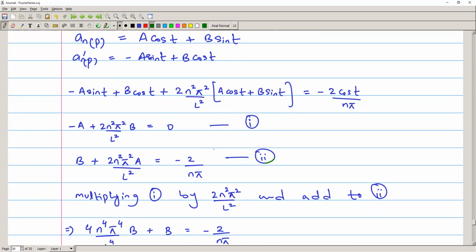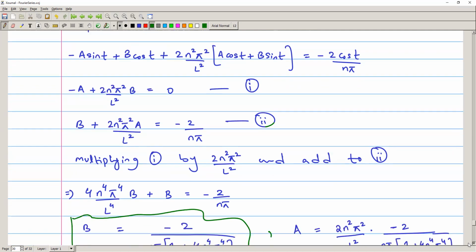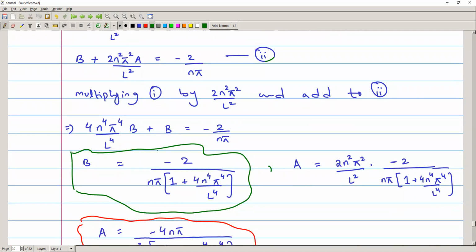Here we multiplied 1 by 2n squared pi squared over L squared and added to 2. Therefore, we eliminated a and we are only left with b, right? So here we can find b by taking b out as a common factor. Inside the bracket, this will be b times 1 plus 4n to the power 4 pi to the power 4 over L to the power 4, which is equal to -2 over n pi.